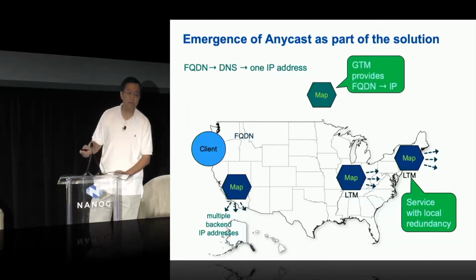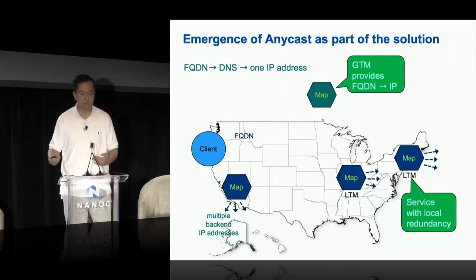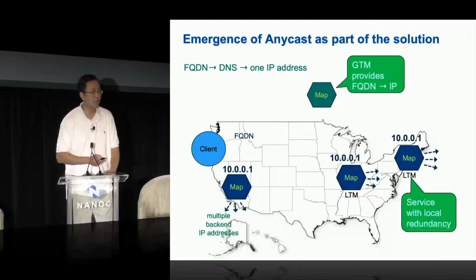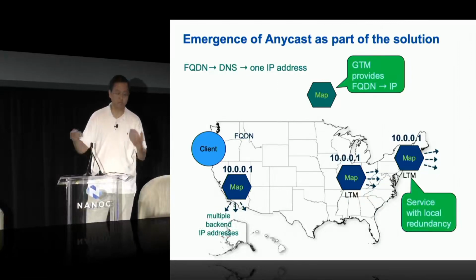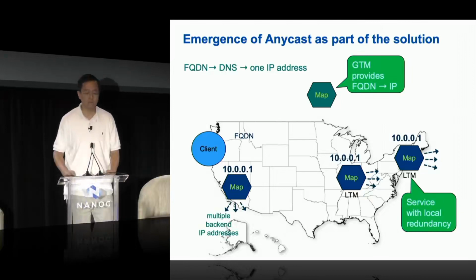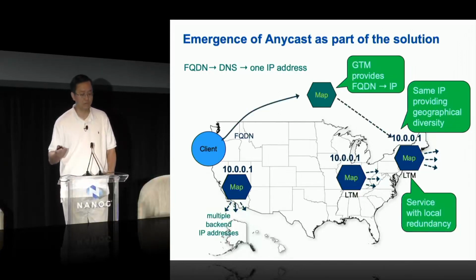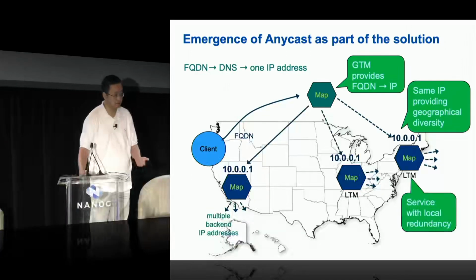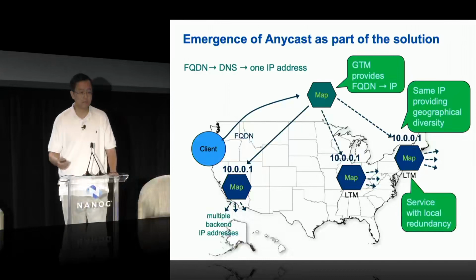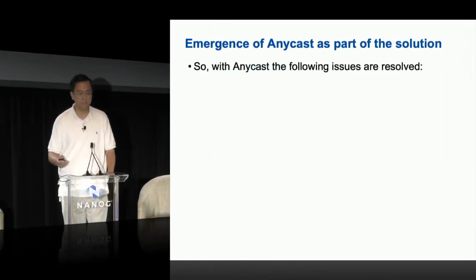And then this single IP address would be present in all three, say, data centers, or it's a front end to the service. And then it's at the IP layer that we will be seeing this geographical diversity. And when a client request goes in, it will be sent to one of the data centers that's advertising as a destination for that IP address.